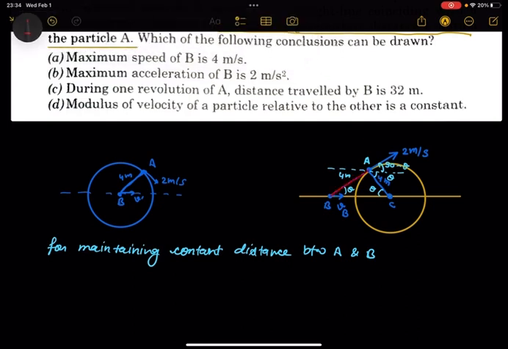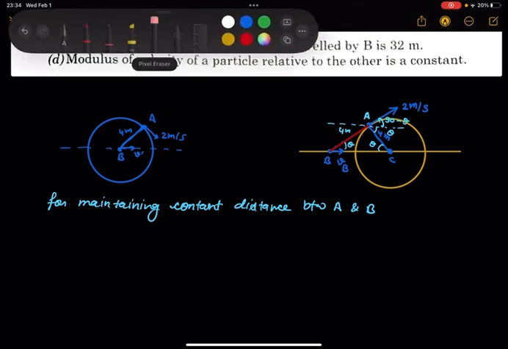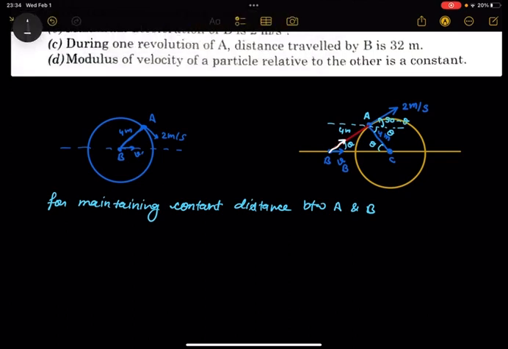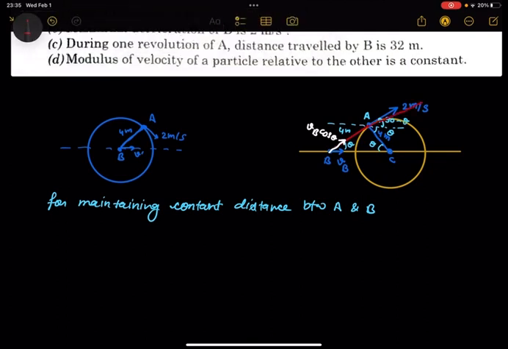So the velocity along this joining line is always constant. If you see the component of velocity VB along this direction, it is VB cos theta, and VB cos theta is equal to, somewhere this line is like this, it is not like this, so it is like here.